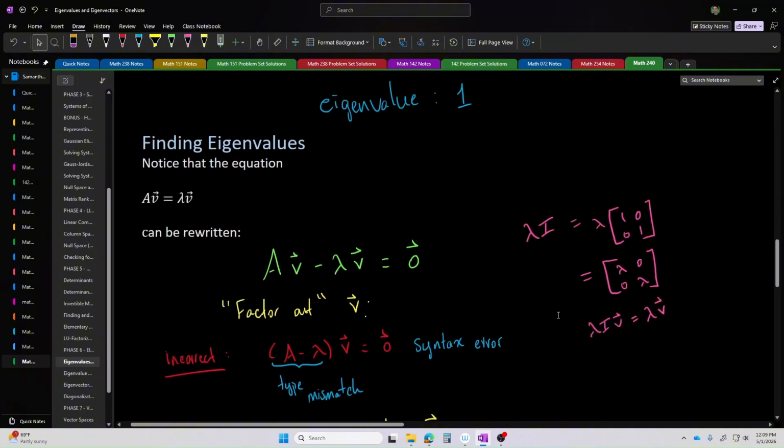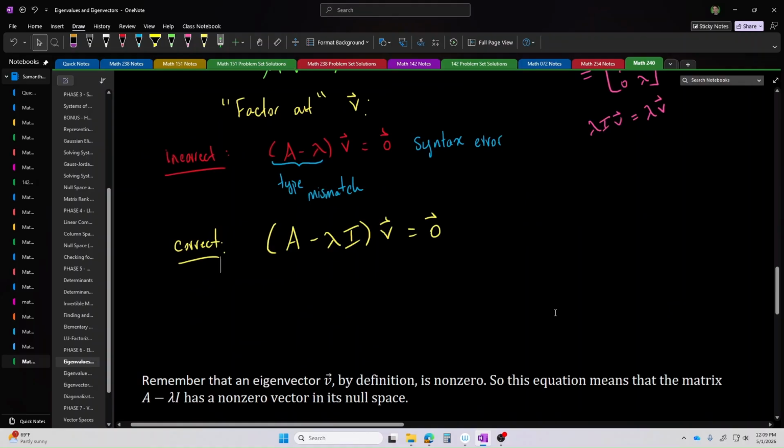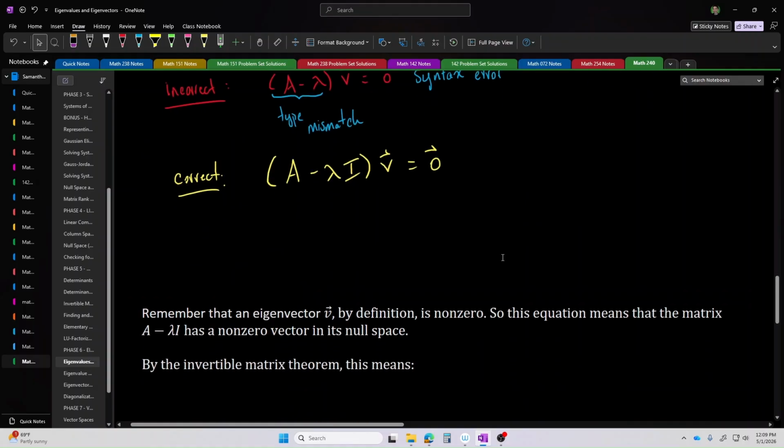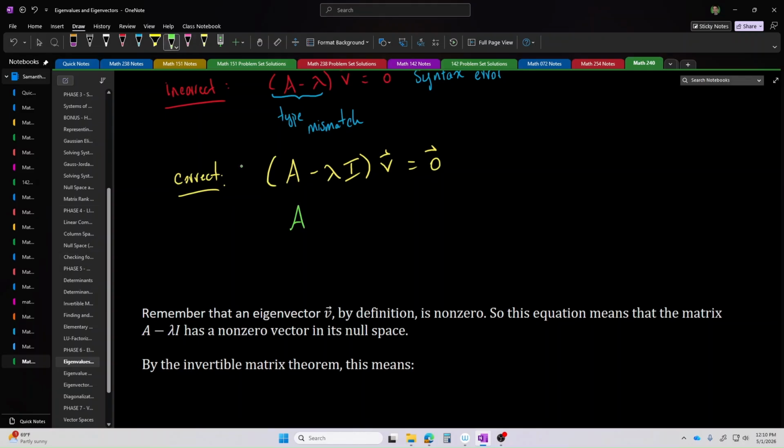Now, the reason why I rewrote this equation in this format is because now I have an equation that looks a lot like something related to the null space. From this equation, we see that the matrix A minus lambda I contains the eigenvector V in its null space.